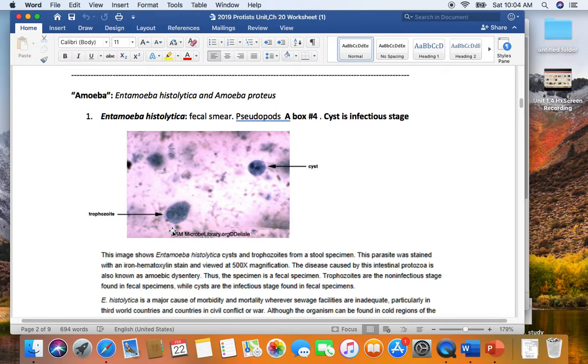So the trophozoites are usually the ones that are the most different from one another when we're comparing different intestinal protozoal parasites. Okay, so again, transmission is fecal oral. So again, we think of fecal contaminated food or water, but there could also be literally fecal transmission.